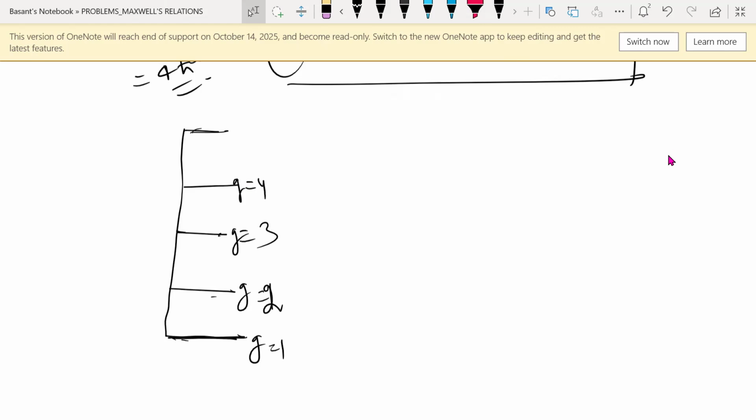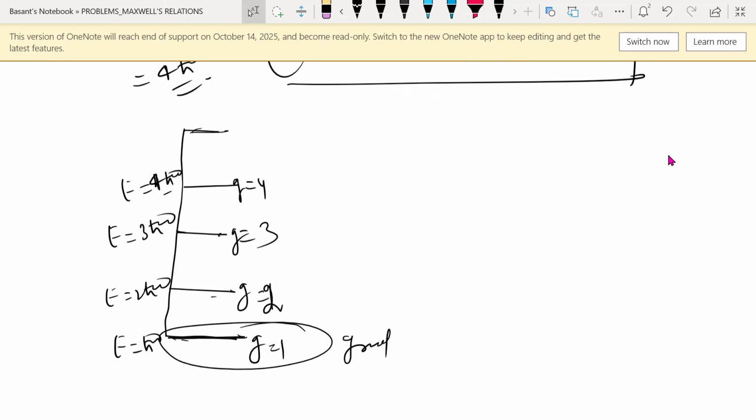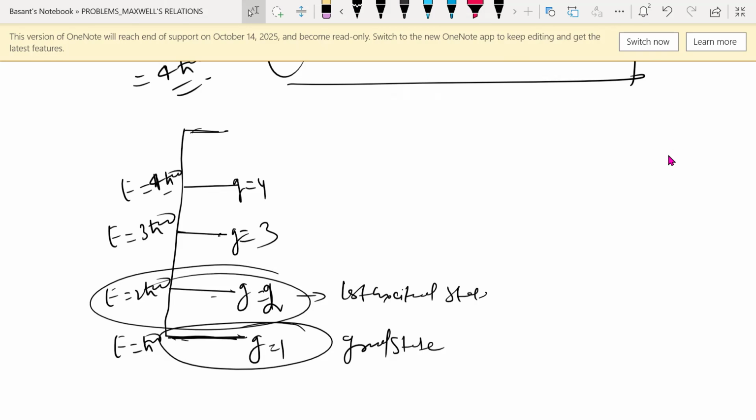Okay. And energy eigenvalues are ħω, 2ħω, 3ħω, and 4ħω. This is your ground state. This is your first excited state. This is the second excited state.